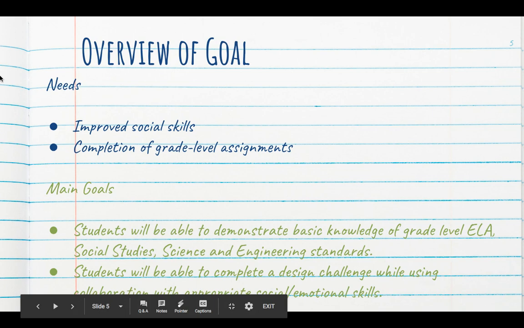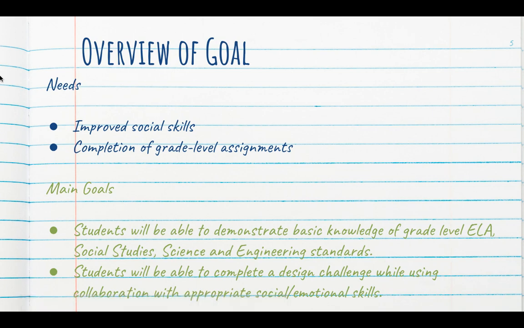Overview of the goal. Needs. When I was looking at the classroom, there were several needs of the students and their learning styles that I observed. The main things that pointed out to me were the need for improved social skills when talking with peers and completion of grade level assignments.